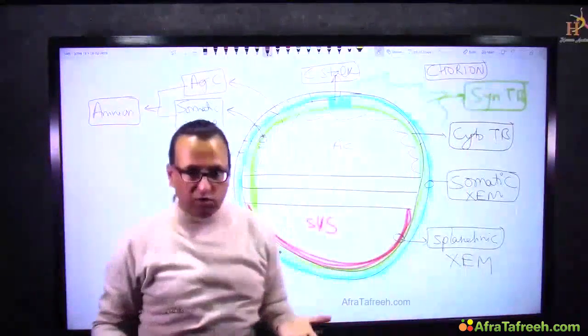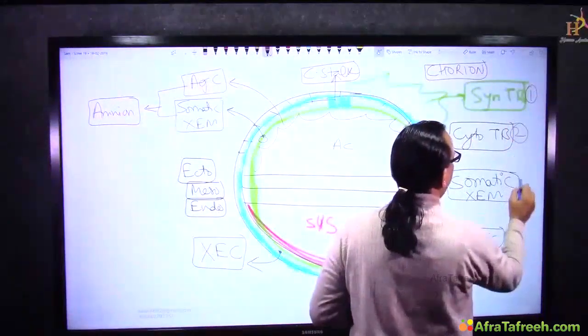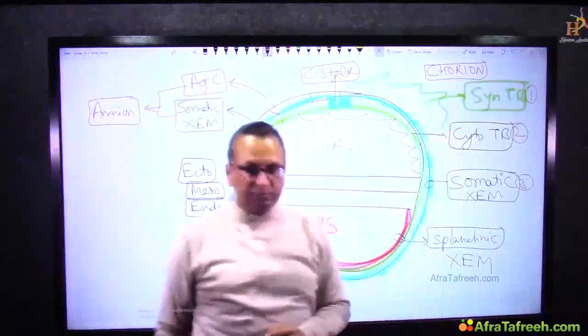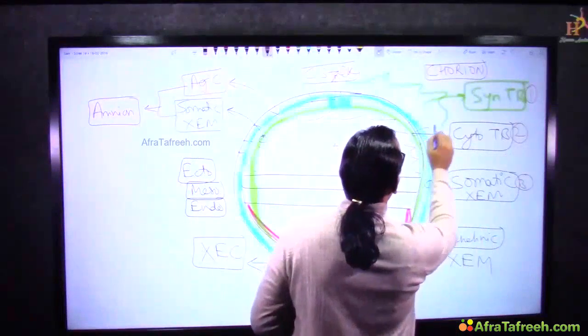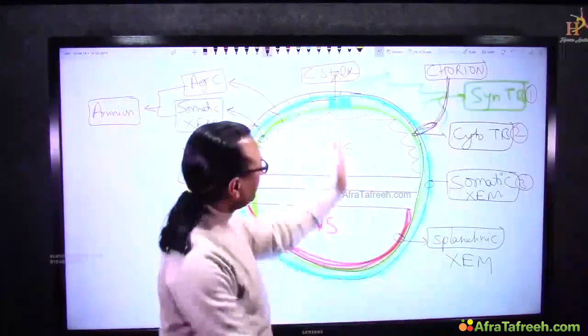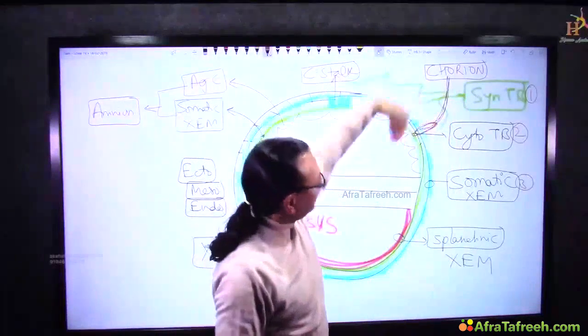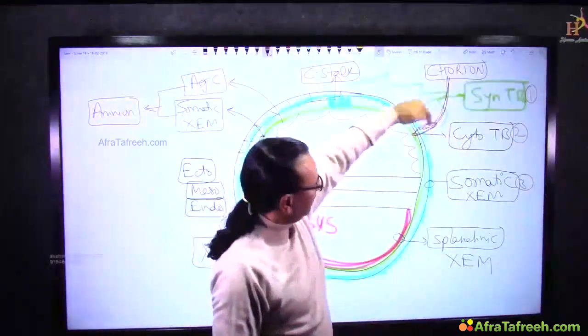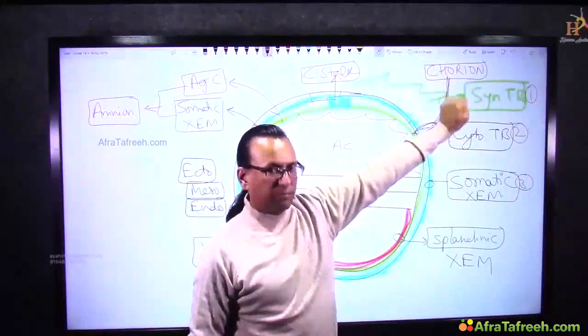The three things in chorion are: number one, syncytiotrophoblast; number two, cytotrophoblast; number three, somatic extra embryonic mesoderm. That is chorion, placental membrane.